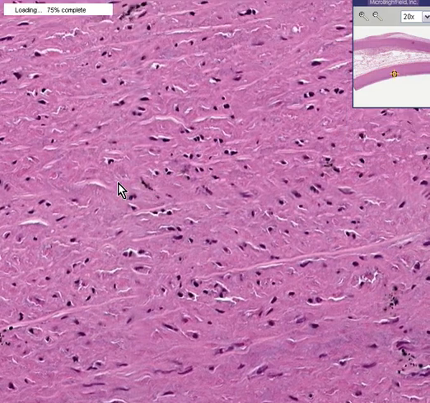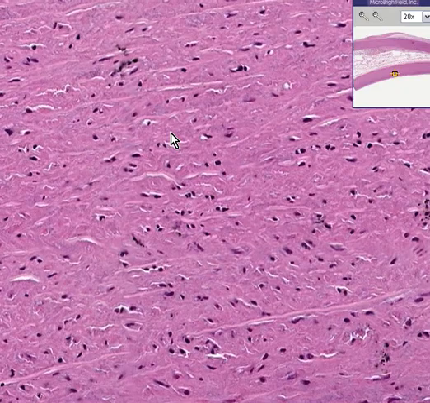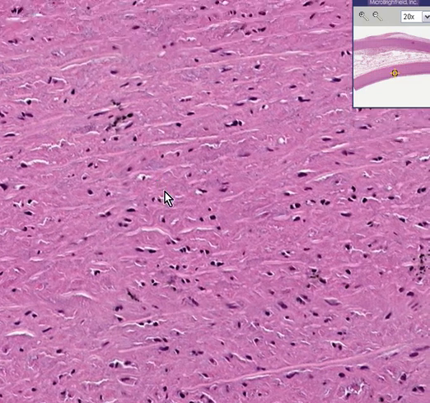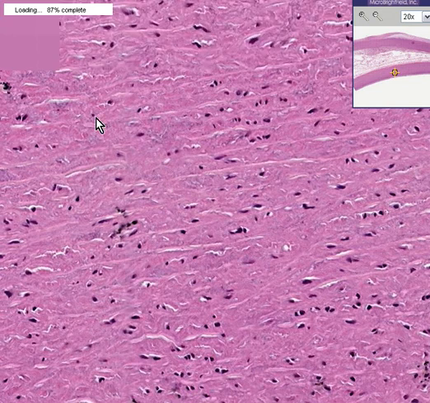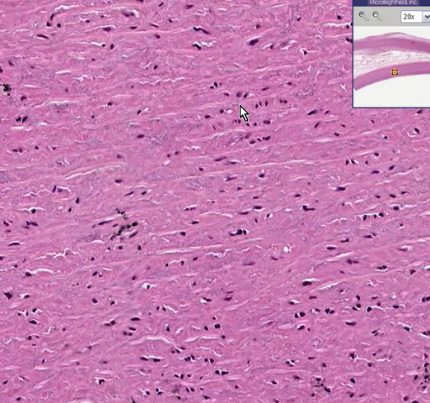Please note that these little whitish, slightly refractile wavy lines represent the elastic fibers, even though this is not an elastic stain. If this was an elastic stain, these little whitish, slightly wavy areas would be intensely black.